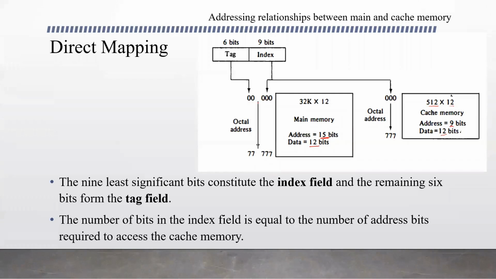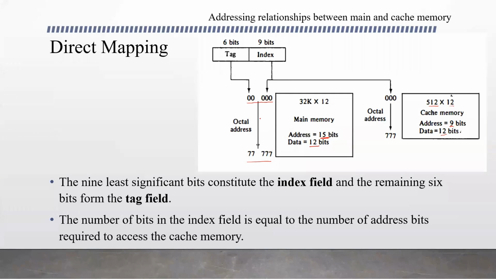This is the main memory address, 15 bits, represented in octal here, so we have 5 octal digits. The main memory locations run from 00000 to 77777, the octal representation of the 15 binary bits.